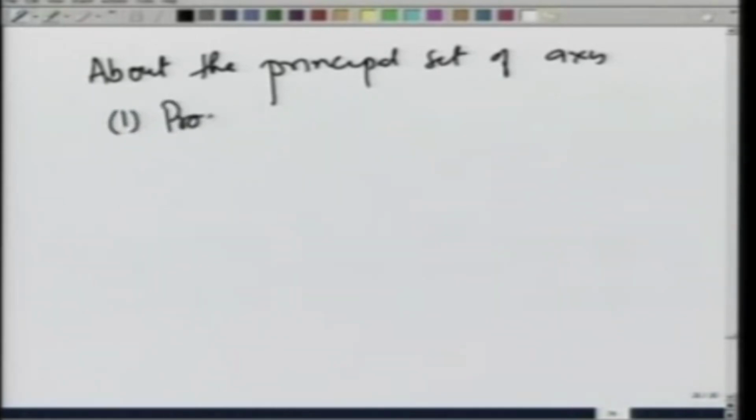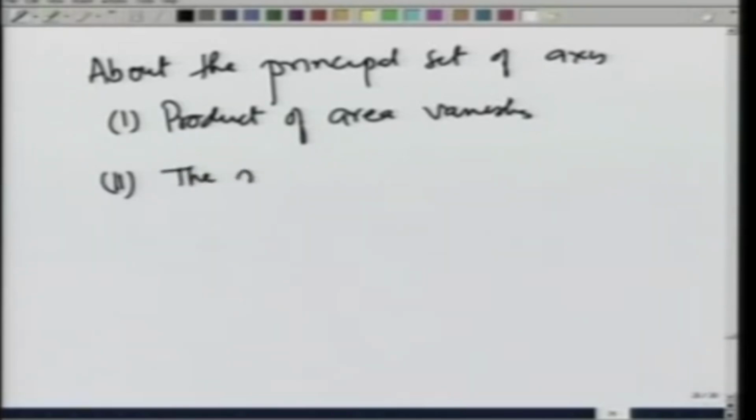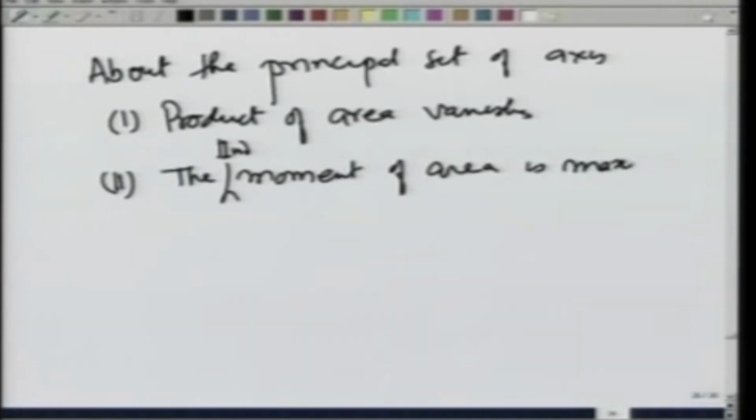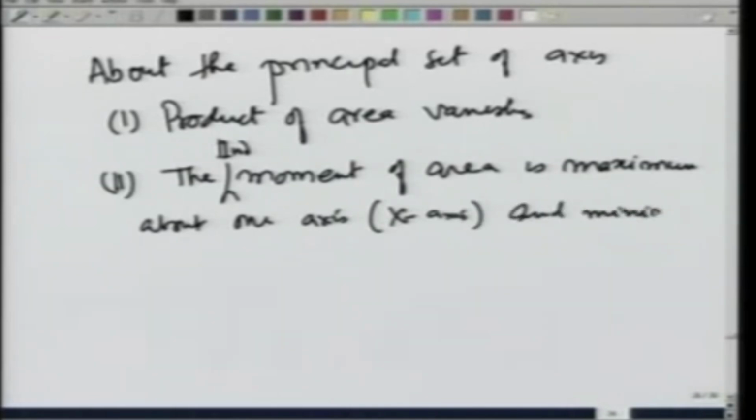about the principal set of axes, one, the product of area vanishes, and two, the second moment of area is maximum about one axis, say the x axis, and minimum about the other one.